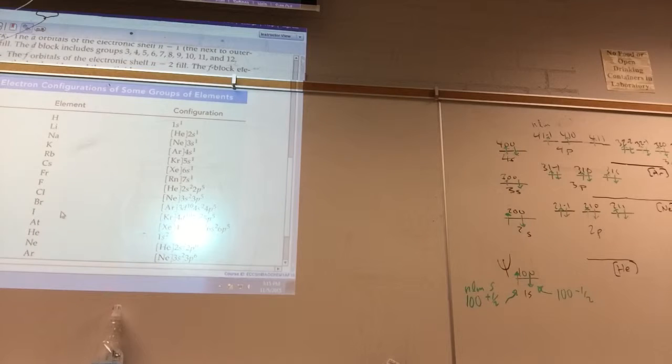And likely it's not going to touch the 3d because that's what we call filled. And so when we look at arsenic, how many valence electrons does arsenic have? It has 5 valence electrons. And the rest we call core electrons or inner shell electrons.